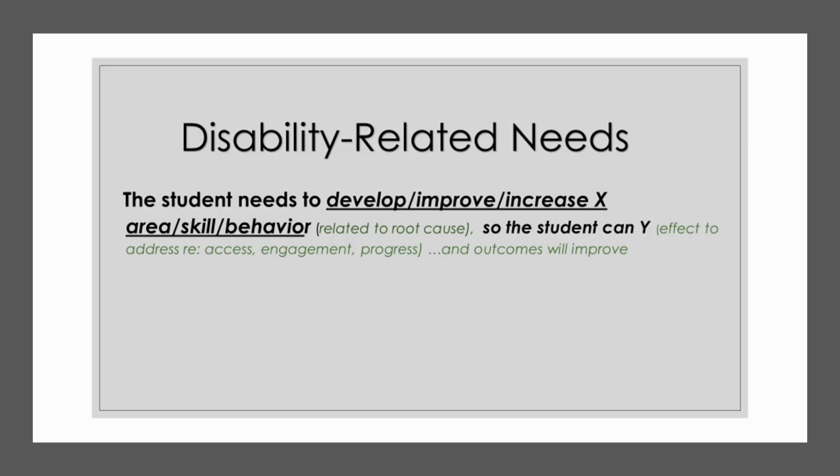The formula for writing the disability-related needs statement is the student needs to develop, improve, or increase X area, skill, or behavior related to the root cause so that the student can Y. And Y is access, engage, or progress within the curriculum setting or environment so that outcomes will improve.